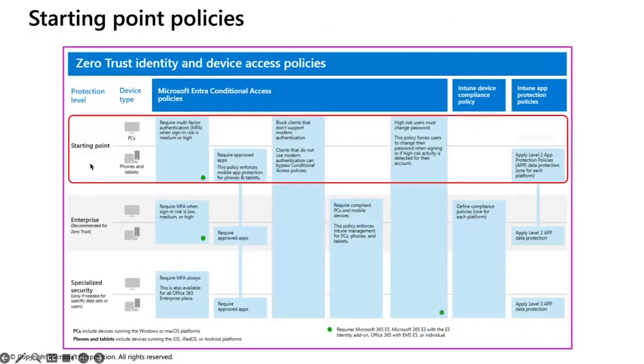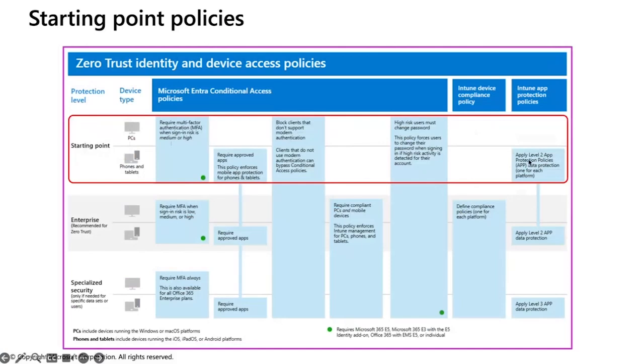So in any company, as a starting point, we can require multi-factor authentication, MFA, when sign-in risk is medium or high. We can enable approved applications. Also, only registered phone and tablet devices will be able to use applications.